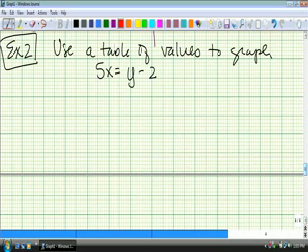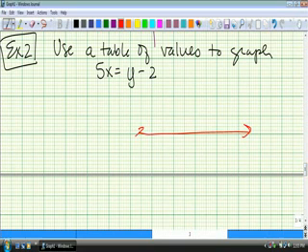Alright, so listen. When it says use a table of values, okay, I have to come up with some points. Now, how many points are on a line? So if I drew this line, how many points are there?